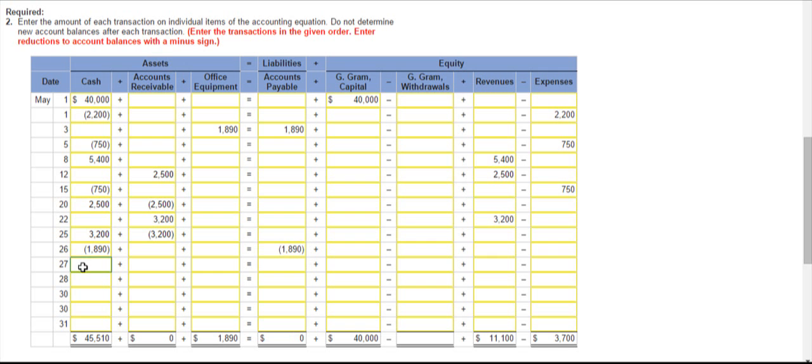Purchased $80 of advertising. Cash payment is due June 1st. I'd call that accounts payable. And it's an expense.